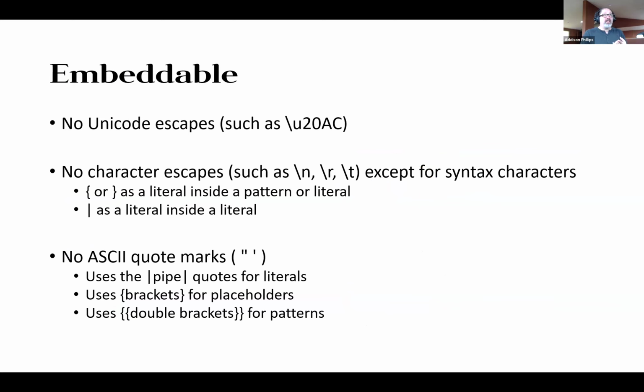We don't use ASCII quote marks. The reason for this is because all of your message format 2 messages are likely to be written in some other resource format. So a .properties file, for example, or a Java list resource bundle, or a gettext PO file, or whatever your format happens to be for storing these.